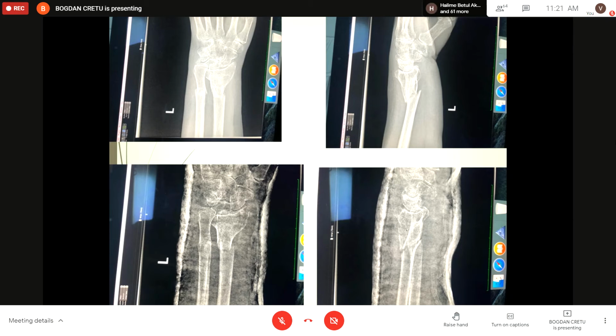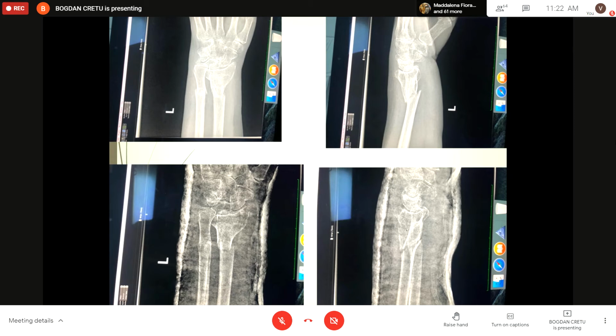Yeah. So in the lower images, what has one of my colleagues done there? Like in the image on the bottom right side, he has a cast on.